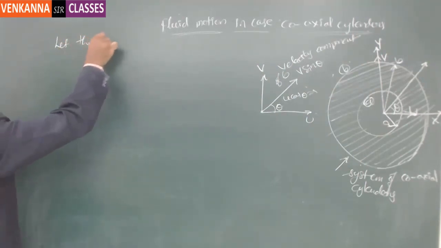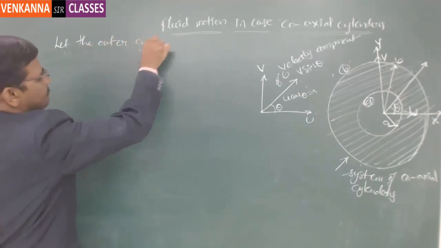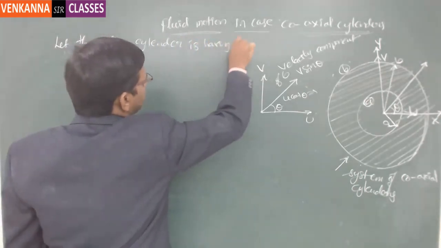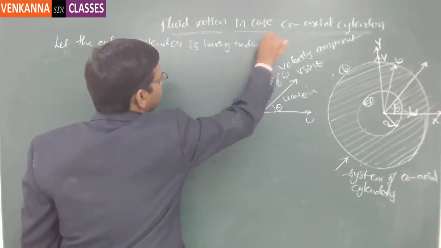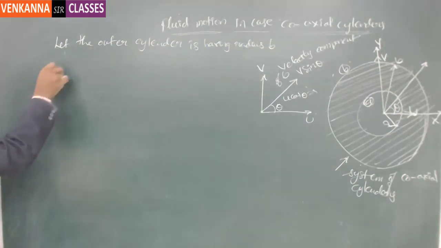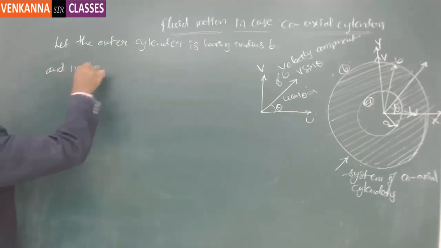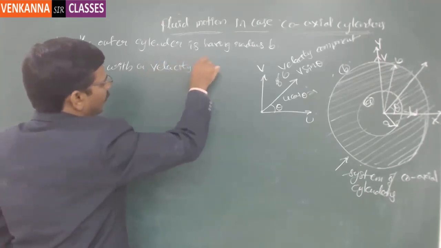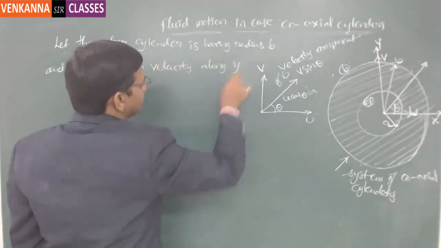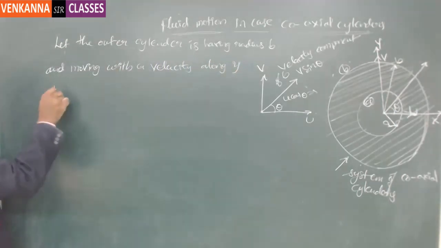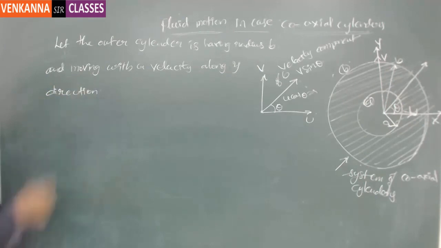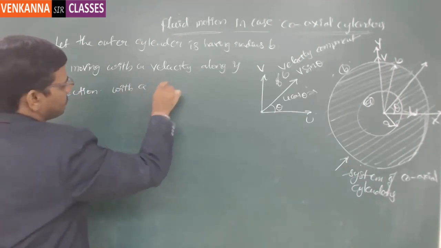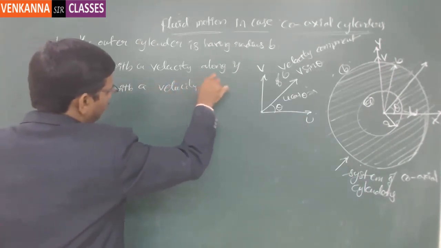Let the outer cylinder have radius B and be moving along the y direction with a velocity v.